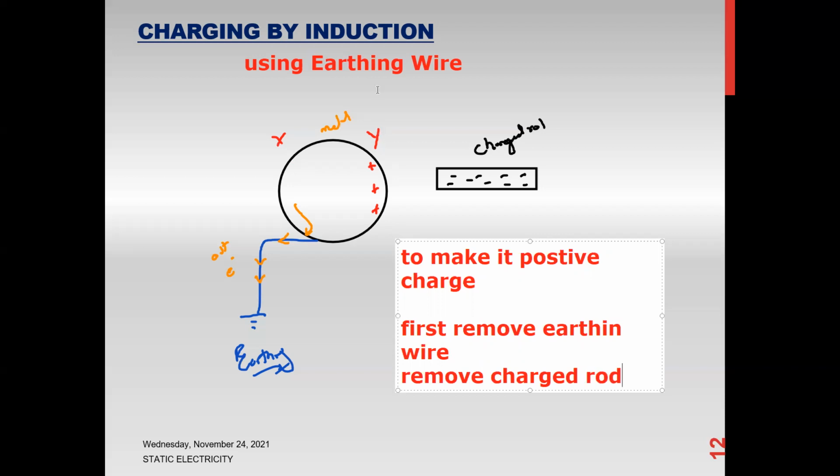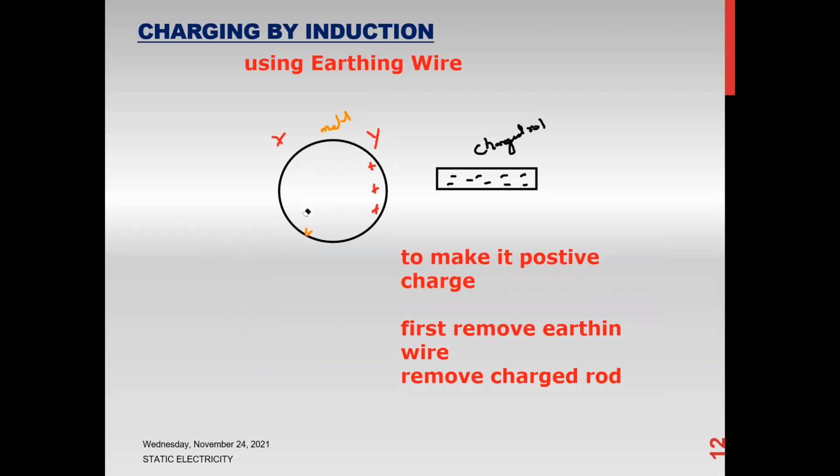First the earthing wire and then the charge rod. Once the electrons have been removed, we remove this earthing wire, so the earthing wire is not there. As a result, electrons cannot return back, and this material will have a net positive charge. This is called charging by induction using the earthing wire.